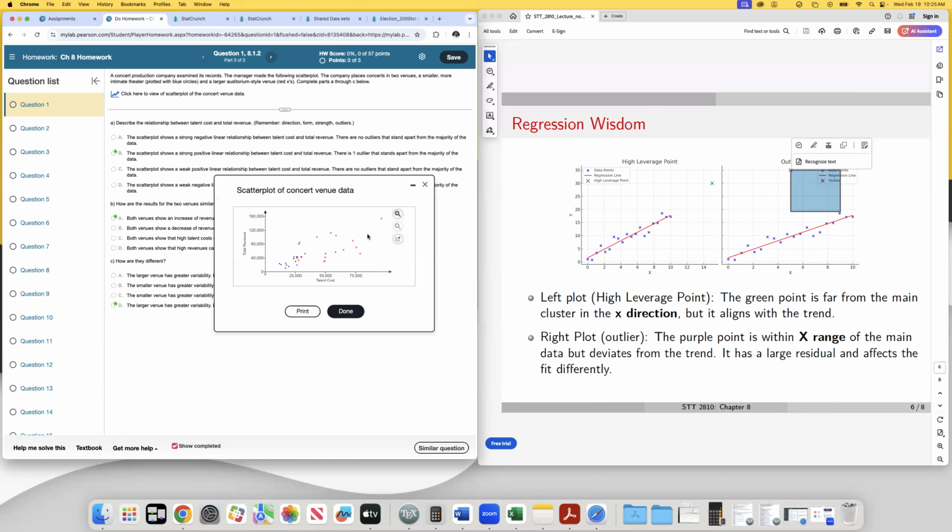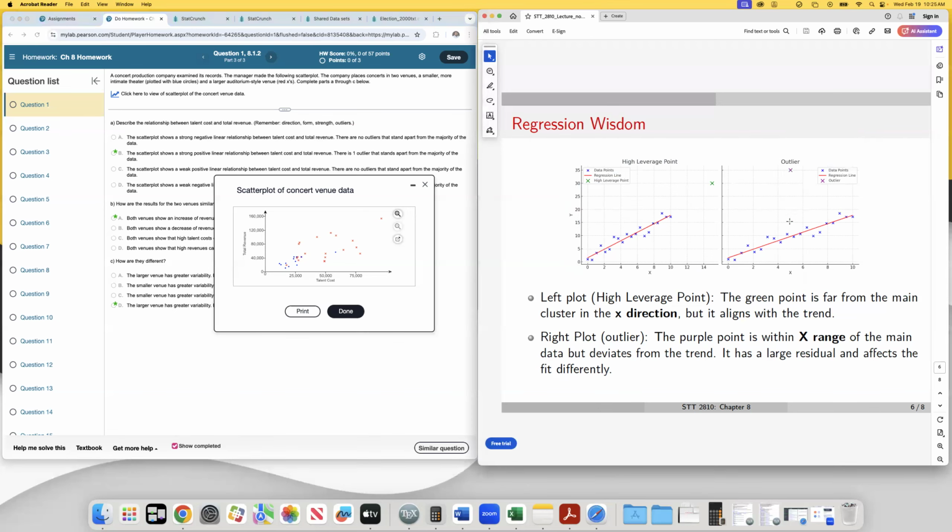Also, not every outlier is the same, there are mild outliers. For example, this one here is not a mild outlier. This is a strong outlier. The one we just did too is a strong outlier, but this might not be as significant as this one.